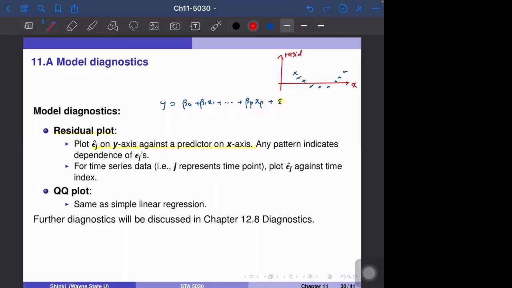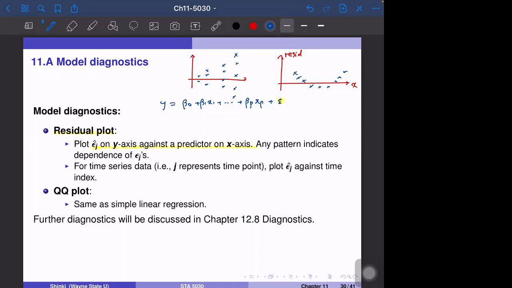We probably have to add the quadratic term of x to solve this situation. There are many possible patterns. For example, sometimes the residual size is larger for large x, and so on. This also has that problem.